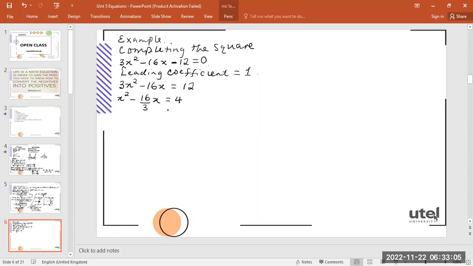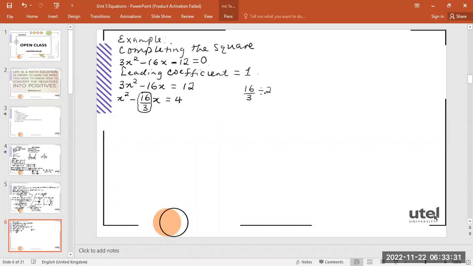Now, the next step in the method of completing the square is you look at the coefficient of x. You can see this is x, and the coefficient of x is 16 divided by 3. Now, the next thing you do, you take the coefficient of x, you divide it by 2.